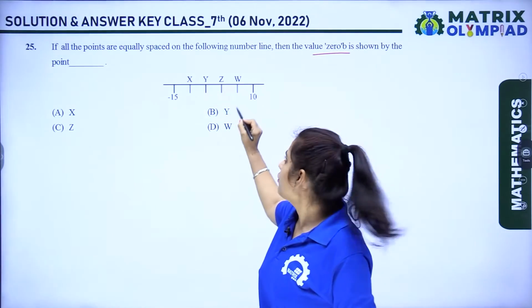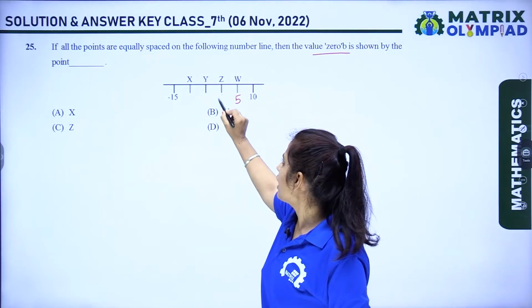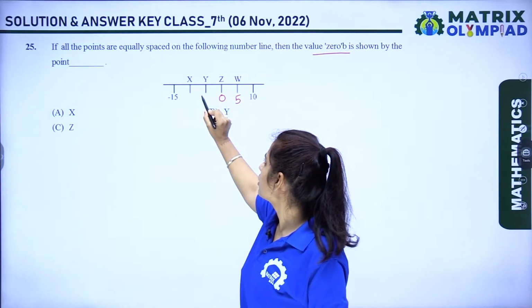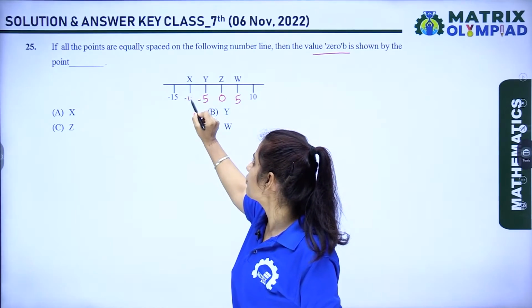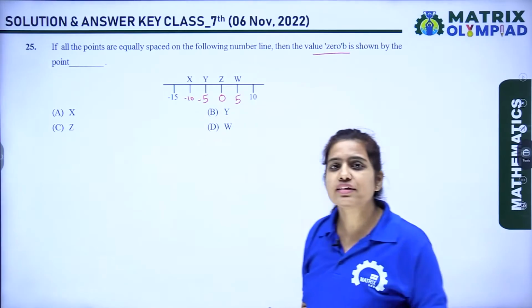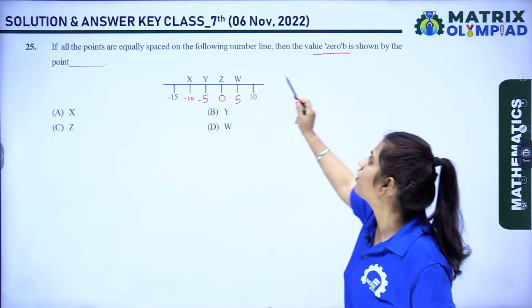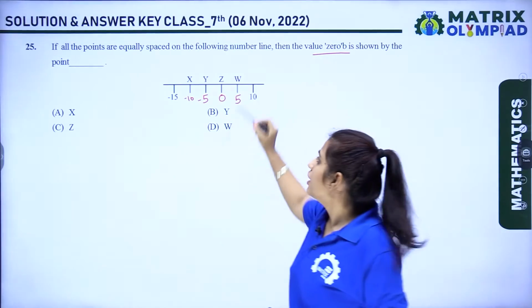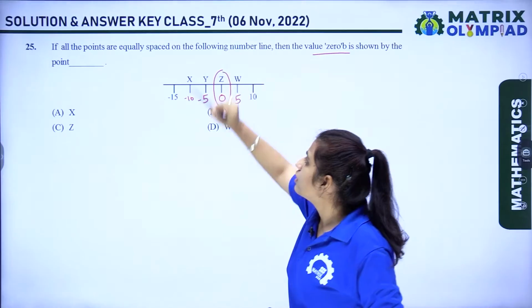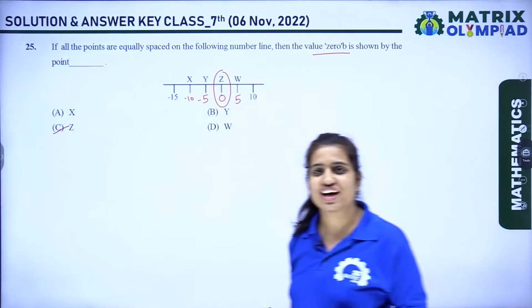Now here we have 5 on point W, then we have 0 on Z, then negative 5 on Y and negative 10 on X. So in this question it is asked, if all the points are equally spaced on the following number line, then the value 0 is shown by the point Z. Here 0 is on the Z point. So option C is the correct answer.